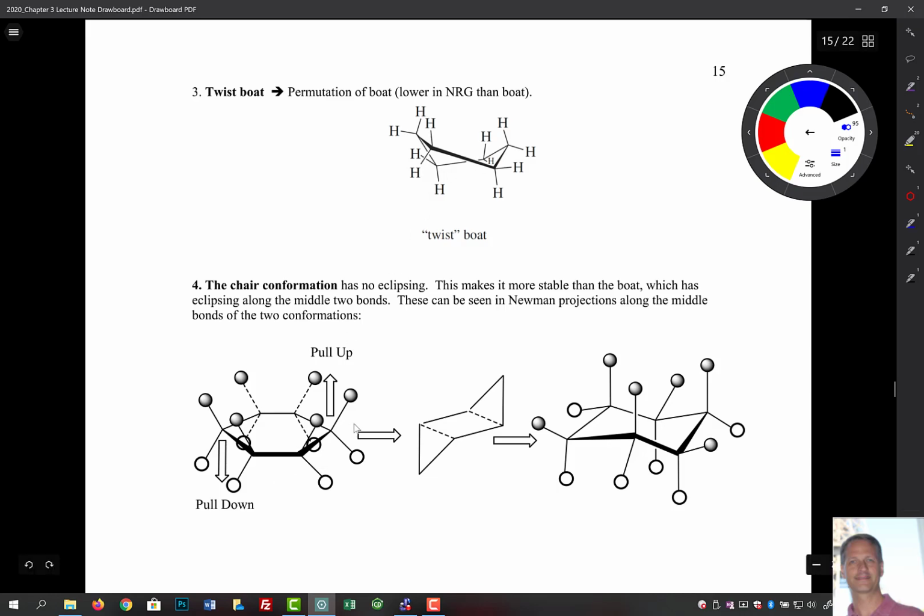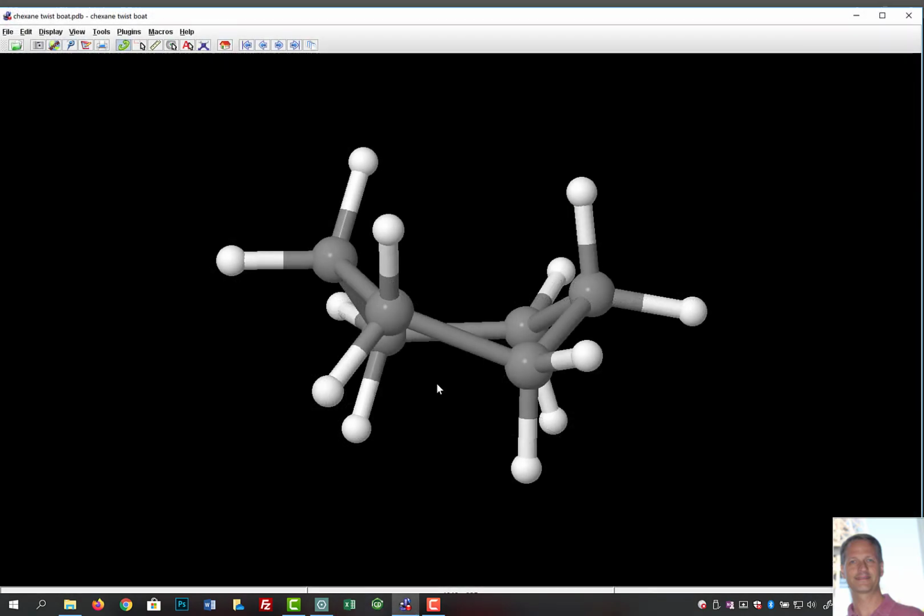We get something called the twist boat. So this is what the twist boat looks like. It's kind of a mess. But when you look at it, these are the carbons that would be the bottom part of your boat, and these ends would be the front and the back part of your boat. And what you're getting here is a twist.